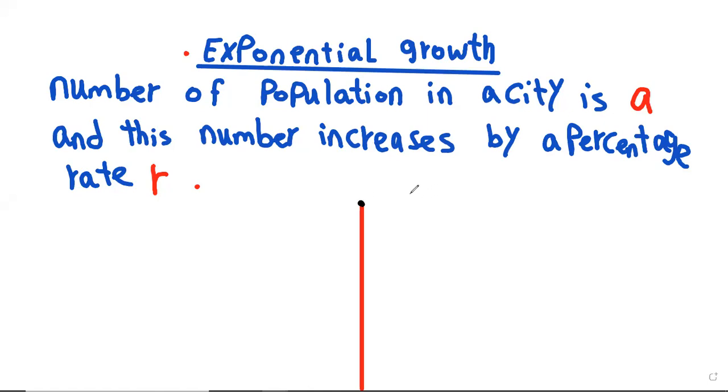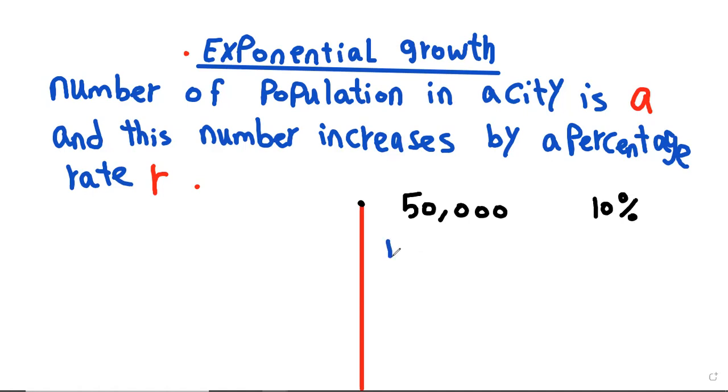If the number of the population in a city is 50,000 and the percentage rate of increasing is 10%, how can we find the number of people after 1 year? You will find the 10% of 50,000.